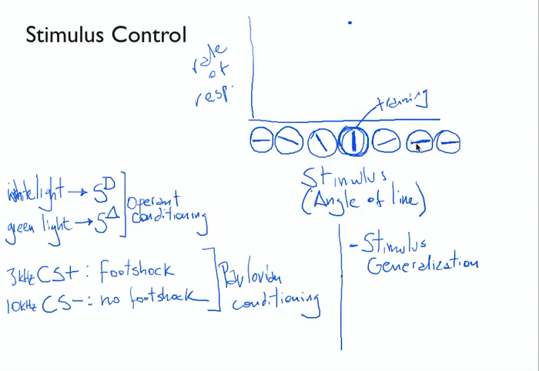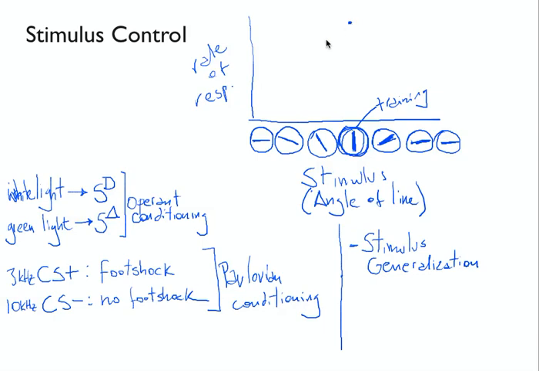Sorry, not ideal drawings, but you get the idea that we're changing the angle of the line from 0 degrees all the way to 180, which look very similar. And in the middle it's 90 degrees, which is the training stimulus. And because in the presence of a training stimulus key pecking was reinforced, rate of responding should be maximal at this point.